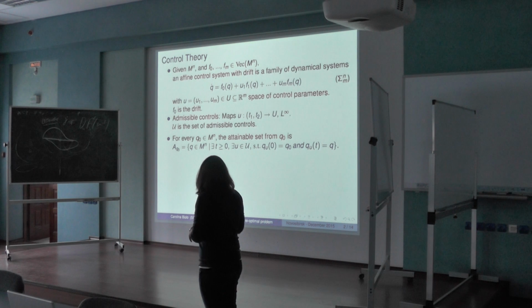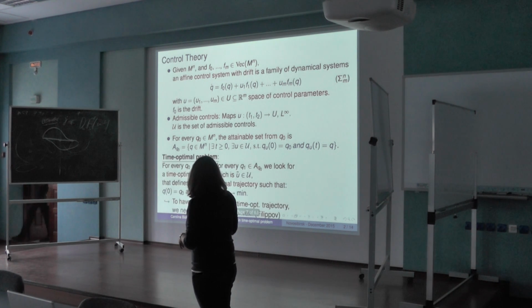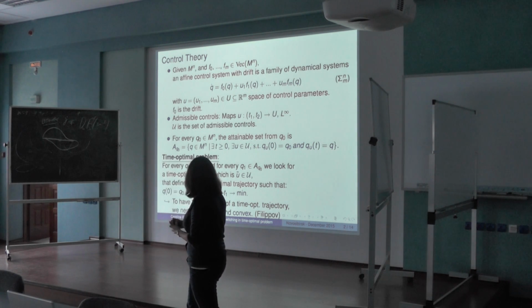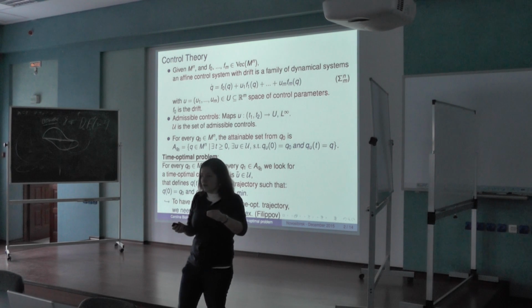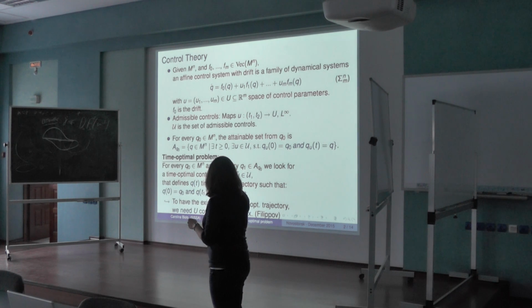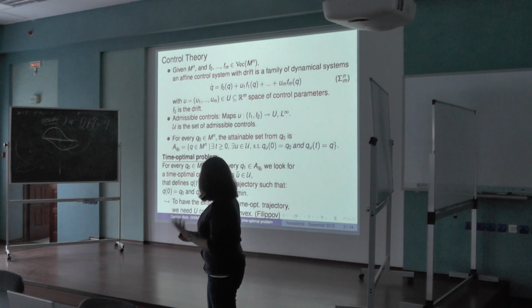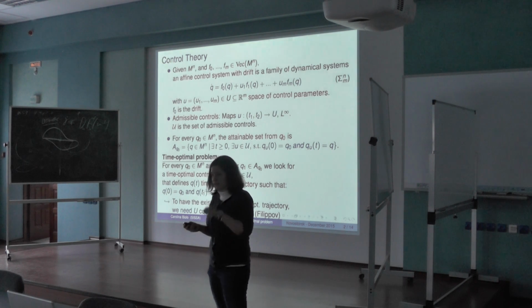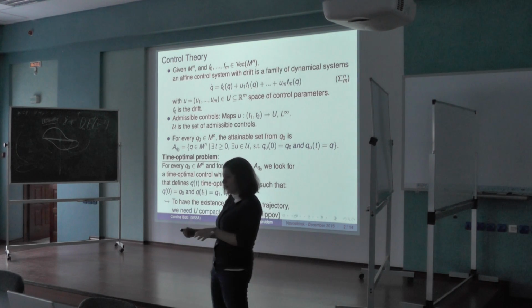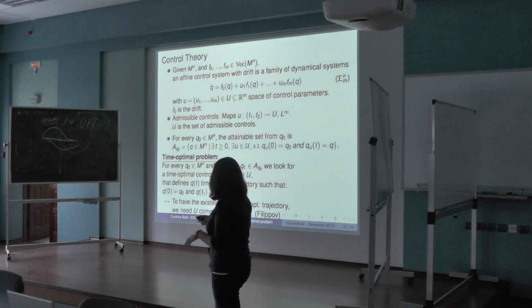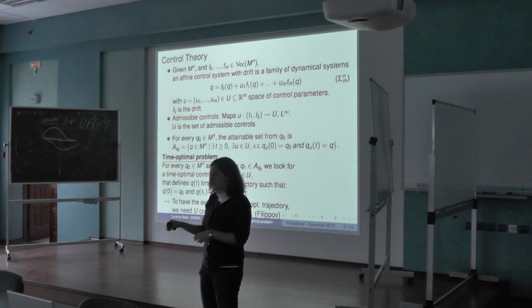And now we can define explicitly what the optimal problem is. Indeed, I'm going to study this problem. Given a point q0 in M, and given a point q1 in the attainable set from q0, we look for time-optimal controls that are admissible and define a trajectory such that at time 0 we are in q0 and at time T1 we are in q1, and T1 is the minimum time possible in which we can attain q1.